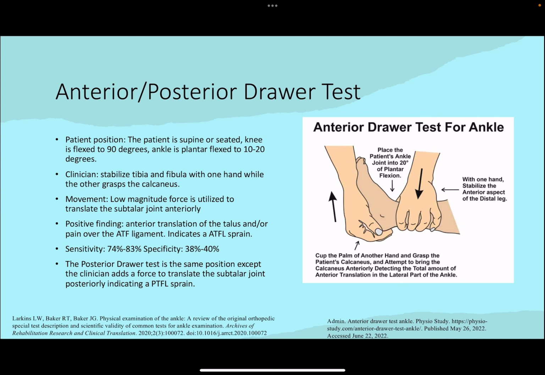And then the posterior drawer test is the same thing. You are just pushing from the front on that talus, trying to have a posterior translation.